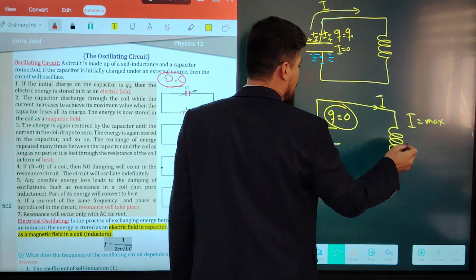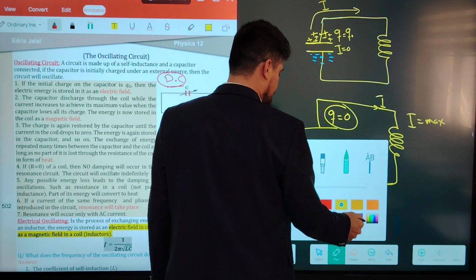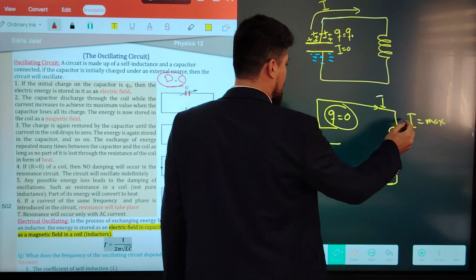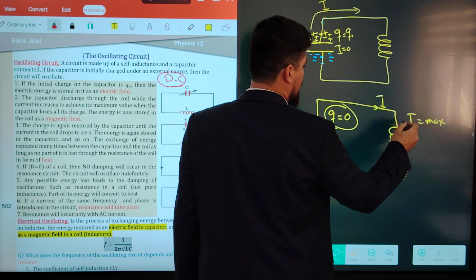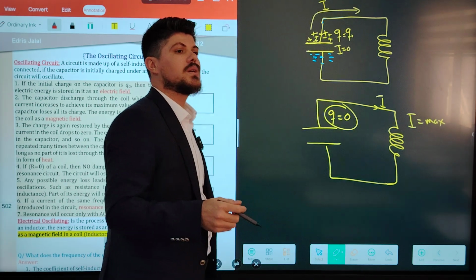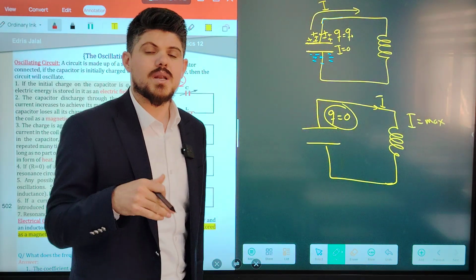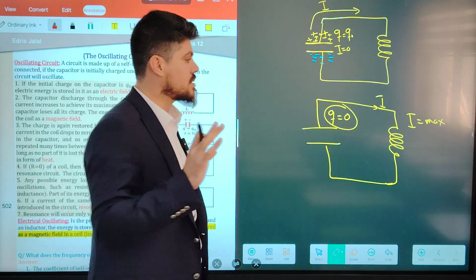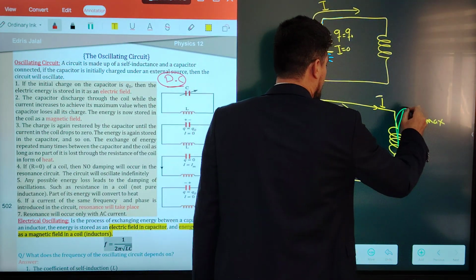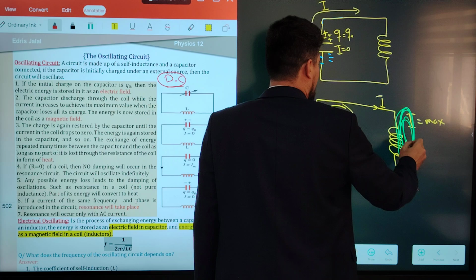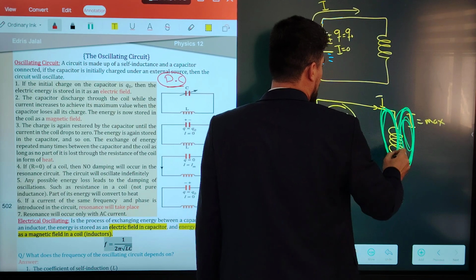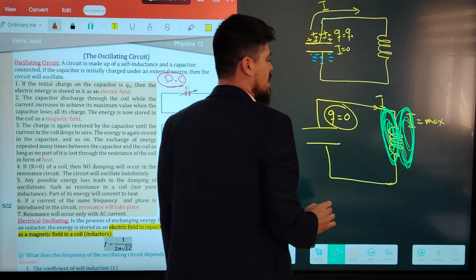So when the current passes through the inductance, as we studied with Oersted, when current passes through the inductance or coil, it produces a magnetic field. Now the current is converted into the magnetic field.